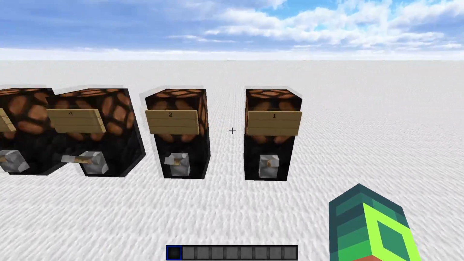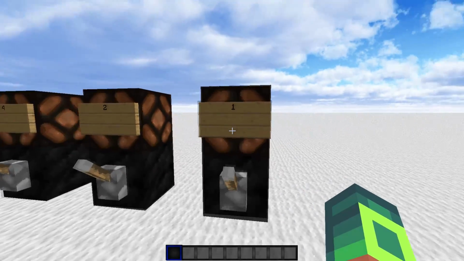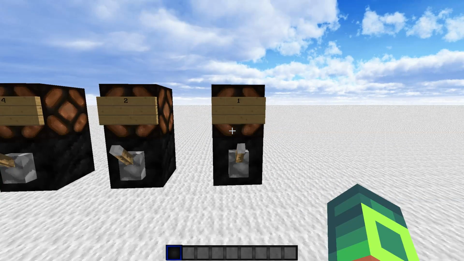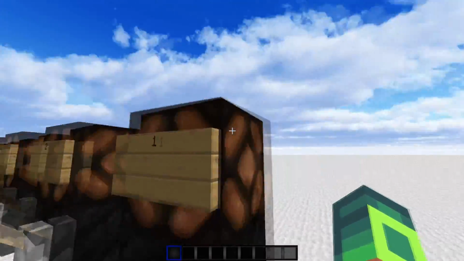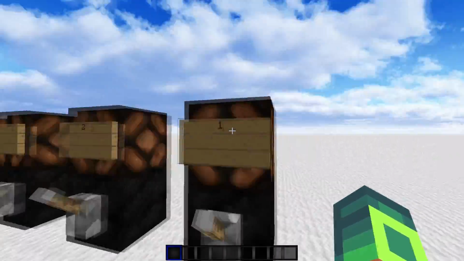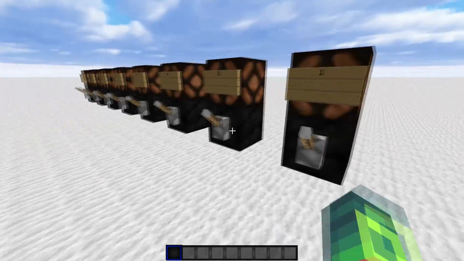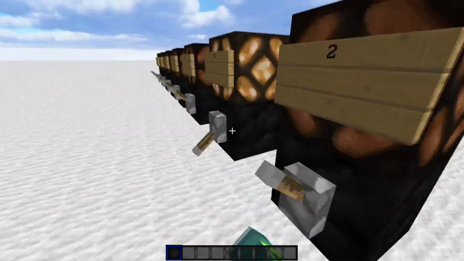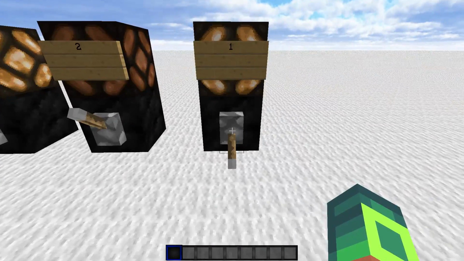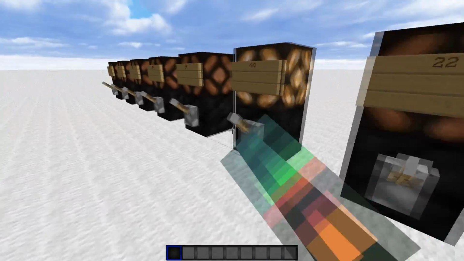Another thing that might be pretty useful to know is that each bit always stays on or stays off for exactly the amount of times it's in the power. So, for example, let's count up 1, 2, 3, 4, 5, 6, 7, 8, and so on.